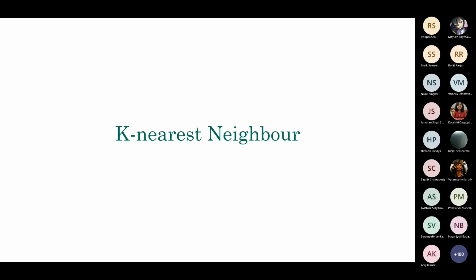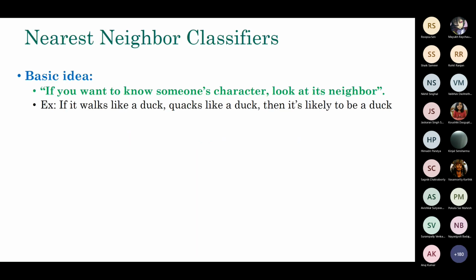So the k-nearest neighbor is an example of a non-parametric model, and you will get to know why this is the case. All right, so here is this very simple algorithm, and it's very effective. There are problems with this one, and you will get to know what they are, but its simplicity is very well documented. So what's the basic idea?